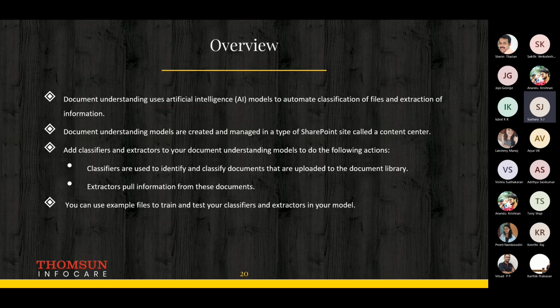We can add classifiers and extractors to our document understanding models. Basically, the classifiers are used to identify and classify documents that are uploaded to the document library, and the extractors are used to pull the data from these documents. You can use example files to train and test your classifiers and extractors in your model.